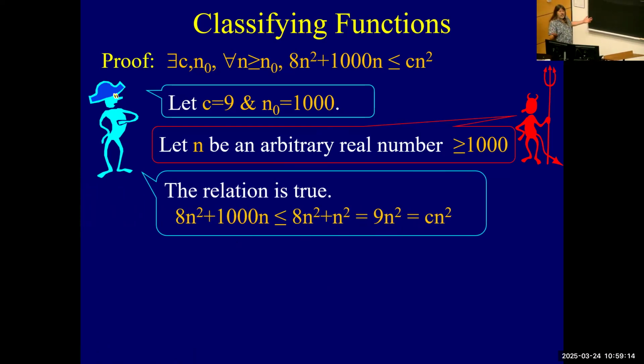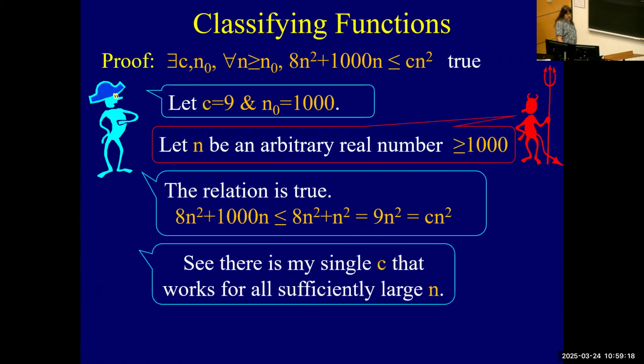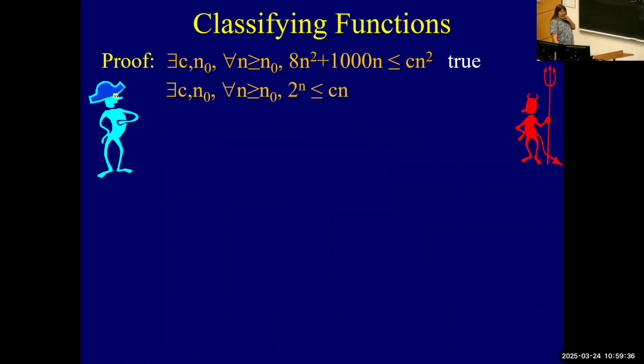Everybody good with that? There's a single C, and 9 works. When n gets sufficiently big, 9n squared is always going to dominate this for sufficiently big n. All right.